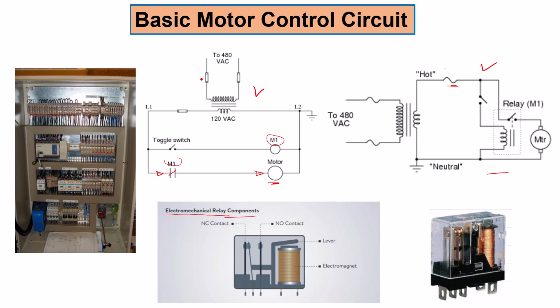That's the same function that these two fuses have. Now, when you close the switch here, the current flows down to the coil and the coil gets energized. It generates an electromagnetic field that pulls this contact closed, okay? When the contact closes, the motor will turn. This is a simple electromechanical relay.